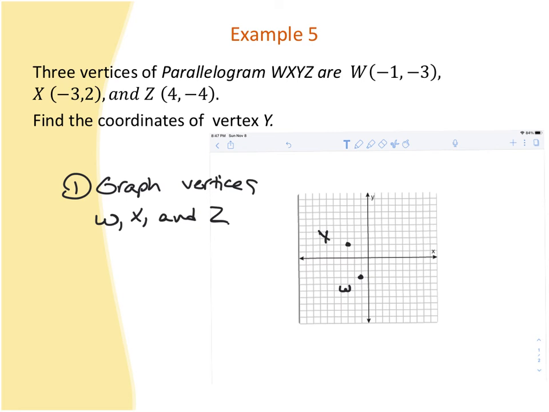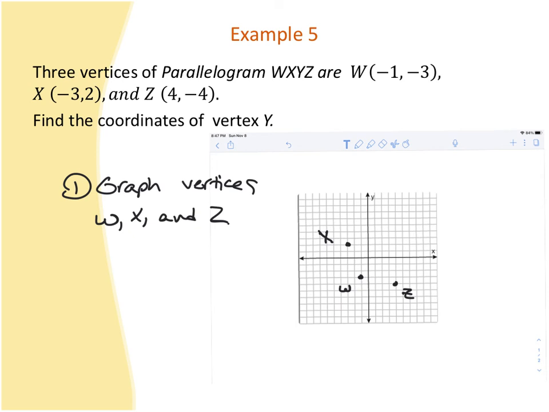That's X. And then I'm going to graph Z at 4, -4. And that's Z.